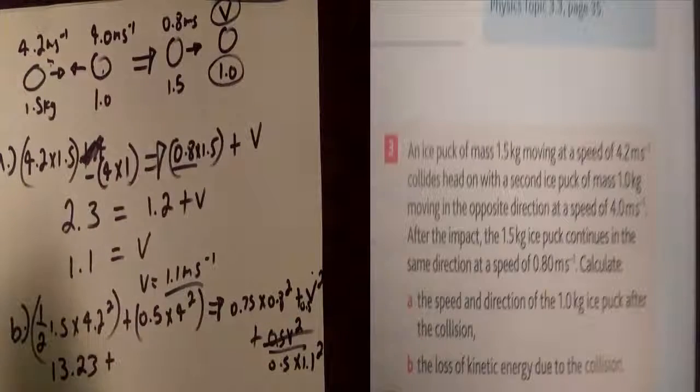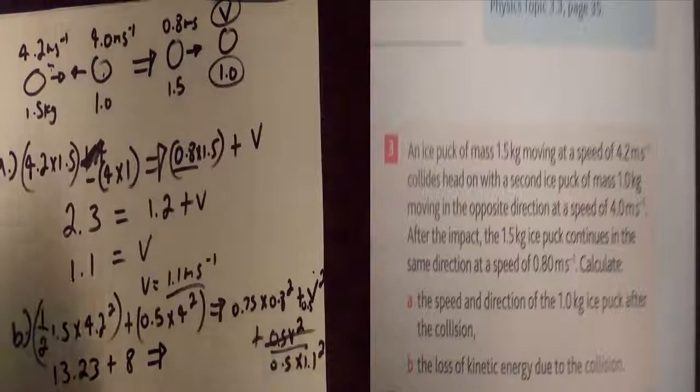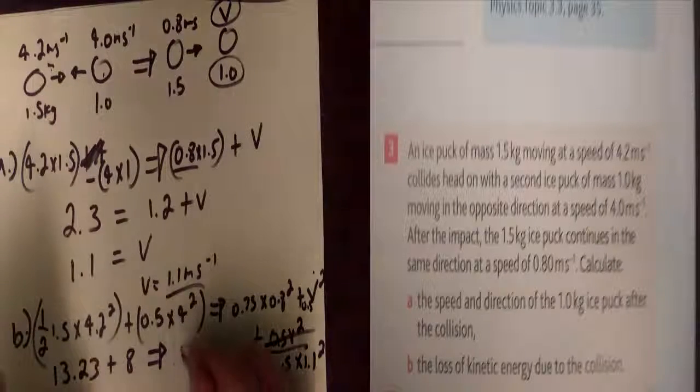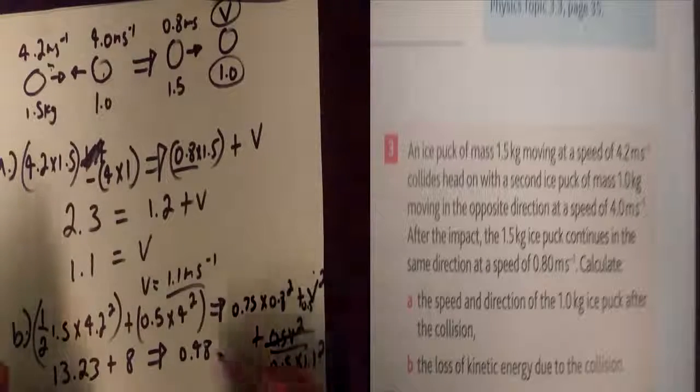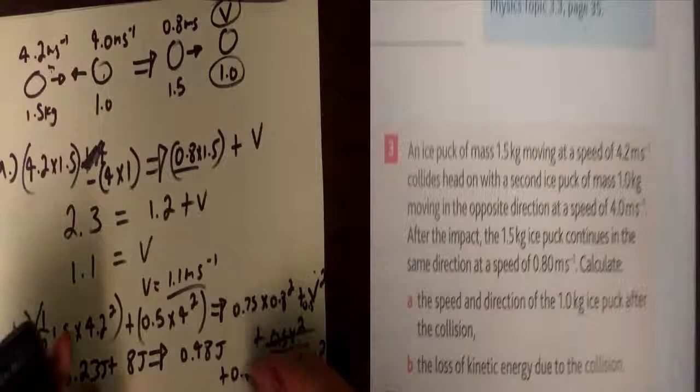And then we're adding that to 0.5 times 4 squared, which is 8. And this is going to 0.75 multiplied by 0.8 squared, which is 0.48. These are all joules. Plus our 0.5 times 1.1 squared, which is 0.605.